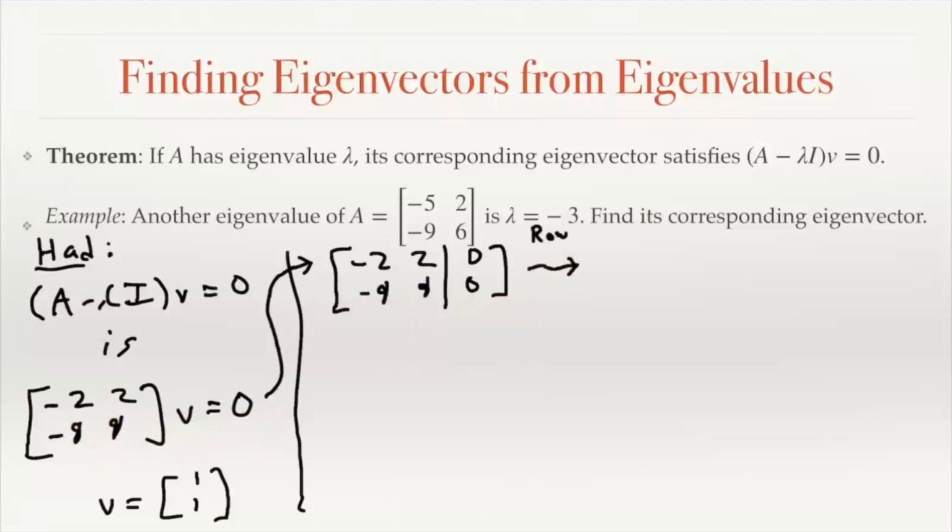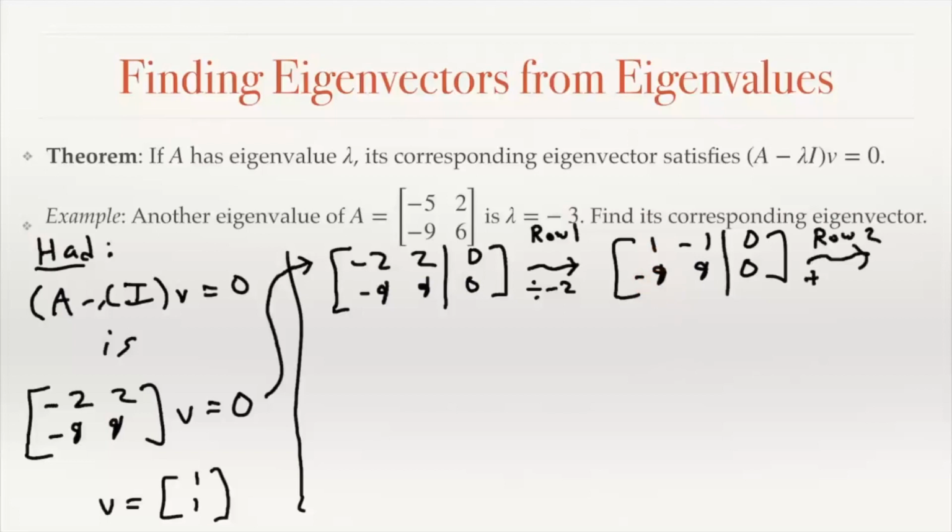So we could do row 1 divided by -2 to get a 1 up there where we want it. And then after that, we want to eliminate that -9. So we would do row 2 plus 9 times row 1 and get this. Now we have eliminated above and below every leading entry. We can't eliminate that -1 because there is nothing else.